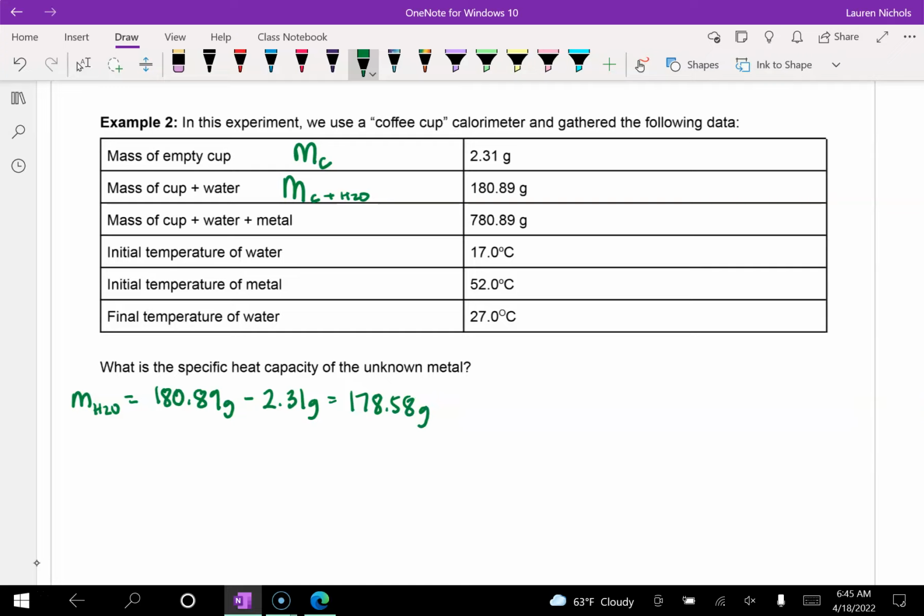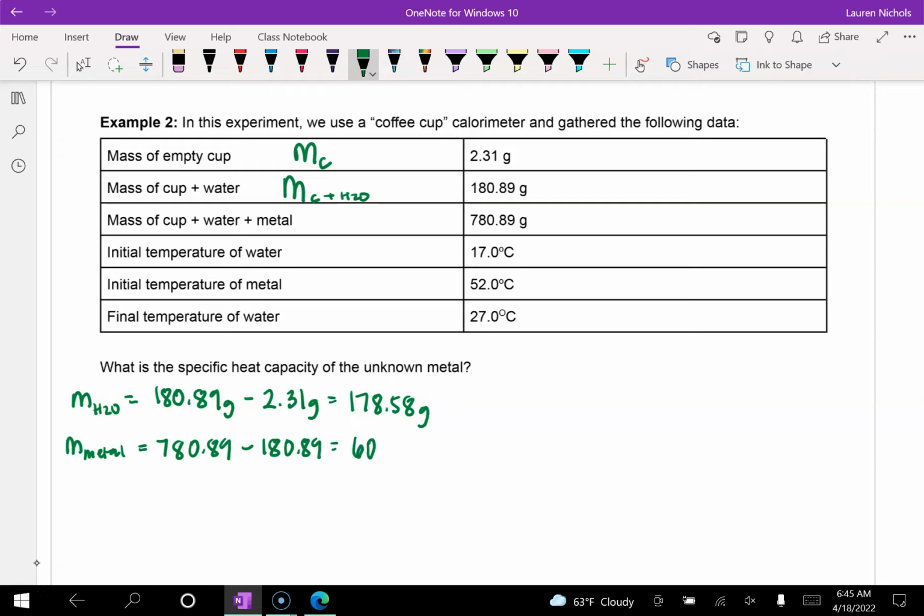We also have the mass of the cup plus the water plus the metal. So if I want to know just the mass of my metal, I can subtract the 780.89 minus the 180.89, and that should tell me the mass of my metal.